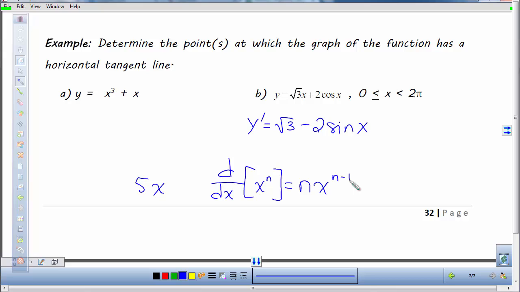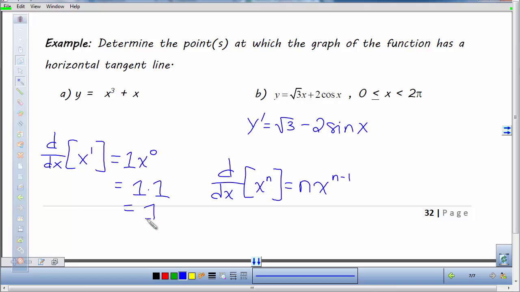For x alone, and this is worth making a special note somewhere, if we want the derivative of x to the first, according to this rule, we bring the 1 out front, and then we subtract 1 from our exponent, which is what? The exponent is 1, so 1 minus 1 is 0. x to the 0 is what? 1. So we get 1 times 1, or 1. So in short, the derivative of x to the first is just 1.